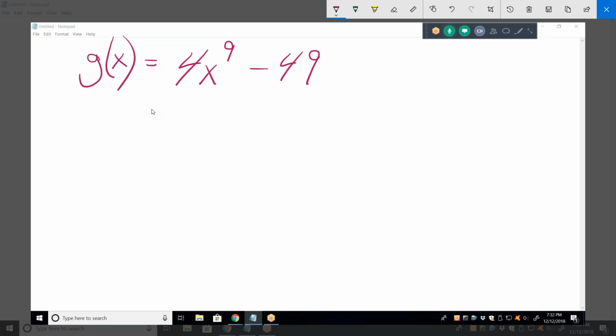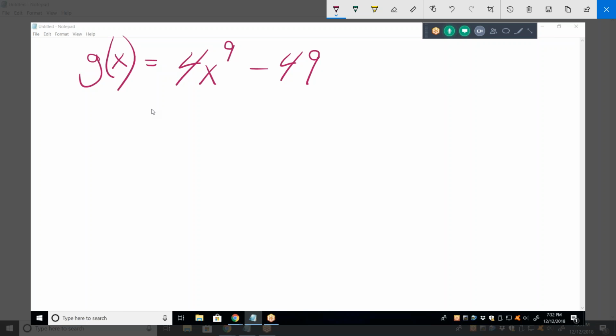Okay, and then to tell the degree, leading coefficient, and the end behavior. What's the degree? 9. What's the leading coefficient? 4. Coefficient is the number in front of the variable. Always. It's kind of the definition of it.